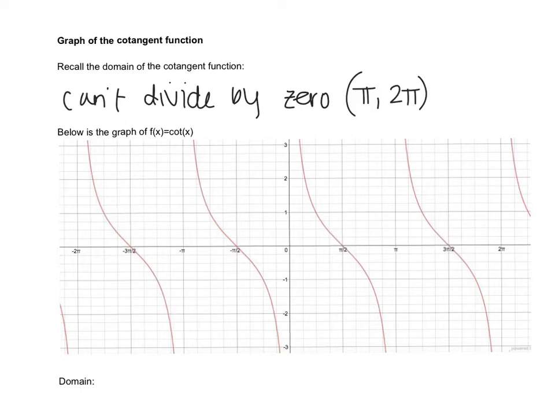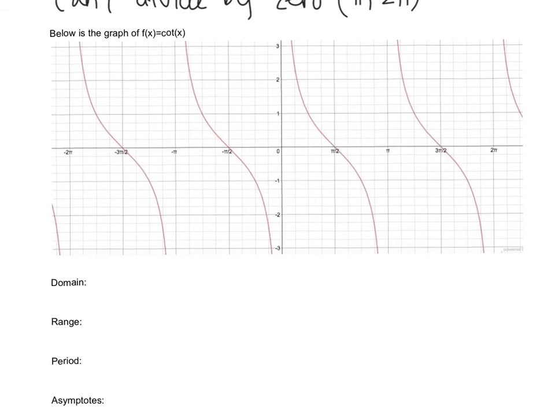You can see in our graph here that we have no graph at those x values. Generalizing using our graph of cotangent, it looks very similar to the tangent function, except the curved portions of our graph go the opposite direction, and it has different asymptotes.